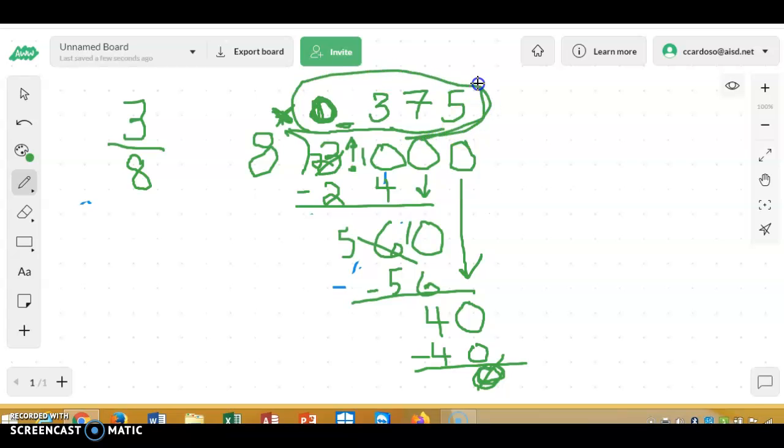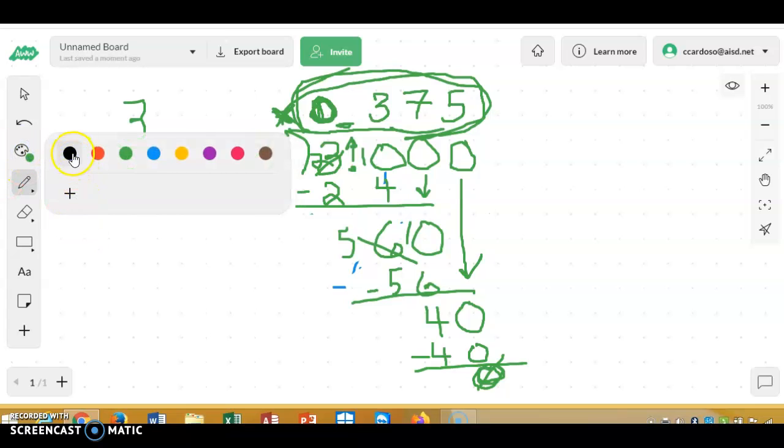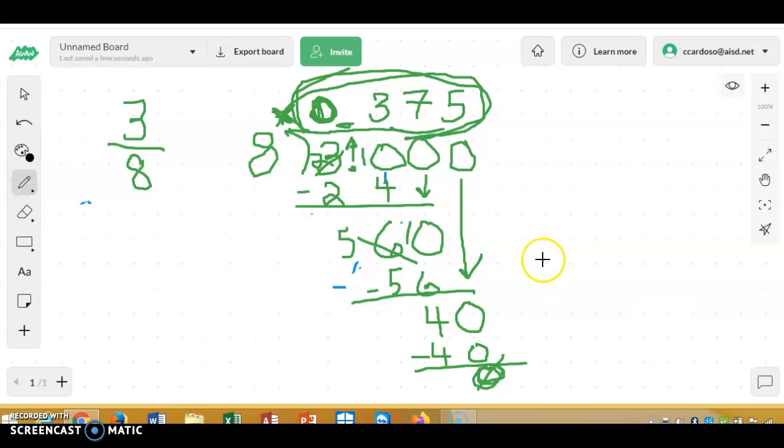Miss Cardoso, we only know tenths and hundredths. Well, in 5th grade, like I told you, they go to the thousandths place, and look, you're already doing it. So what's equivalent to 3/8, the decimal, is 375 thousandths.